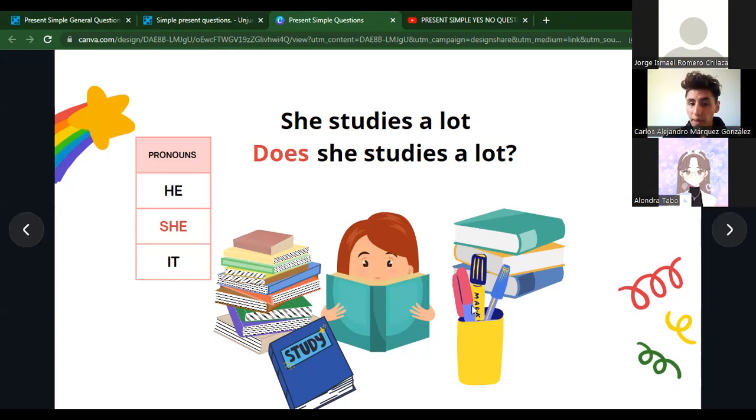Also here we have some pencils, and the girl is reading, so I suppose she's studying. Does she study a lot? What do you think? Yes, she does. She does study a lot, okay? Yes, she does, okay?